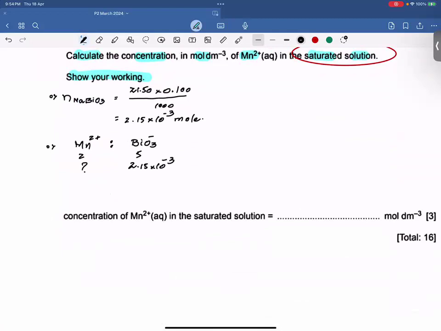Basically we need to cross multiply. So moles of Mn2+ in 25 cm³ is 2.15 × 10^-3 times 2 divided by 5. So it's going to be 8.6 × 10^-4 moles.